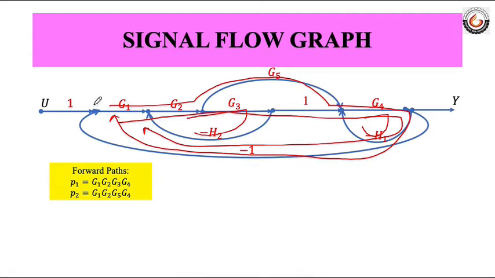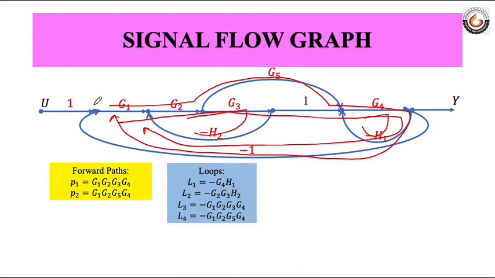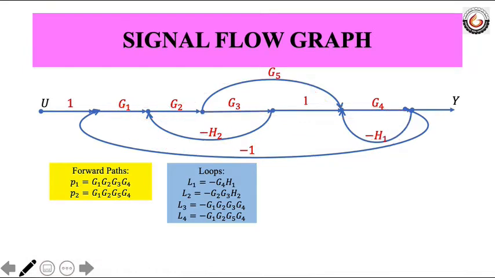So now we have forward paths, we have loops. Now we will go for non-touching loops. They do not have any common nodes or branch. So among non-touching loops, as I told you, this is my L1, this is L2, then L3, then L4.